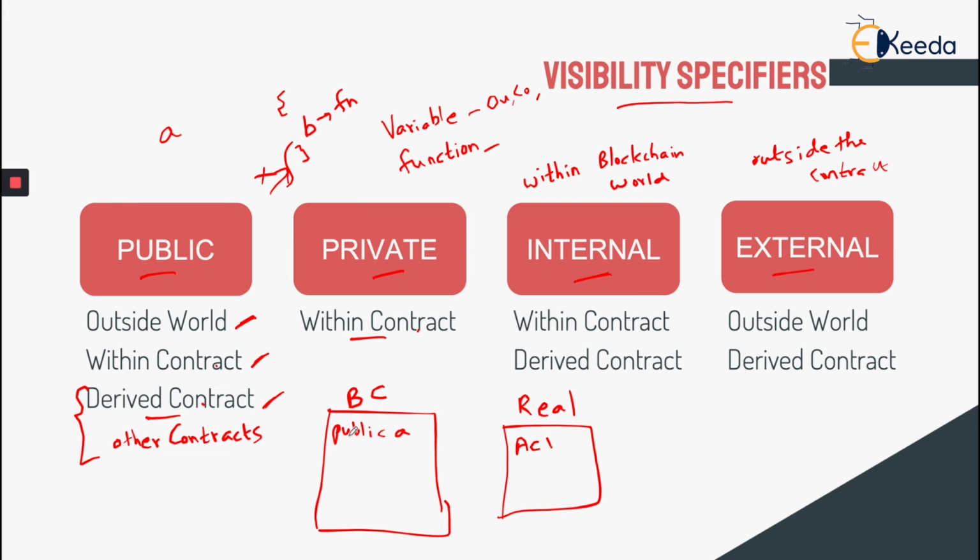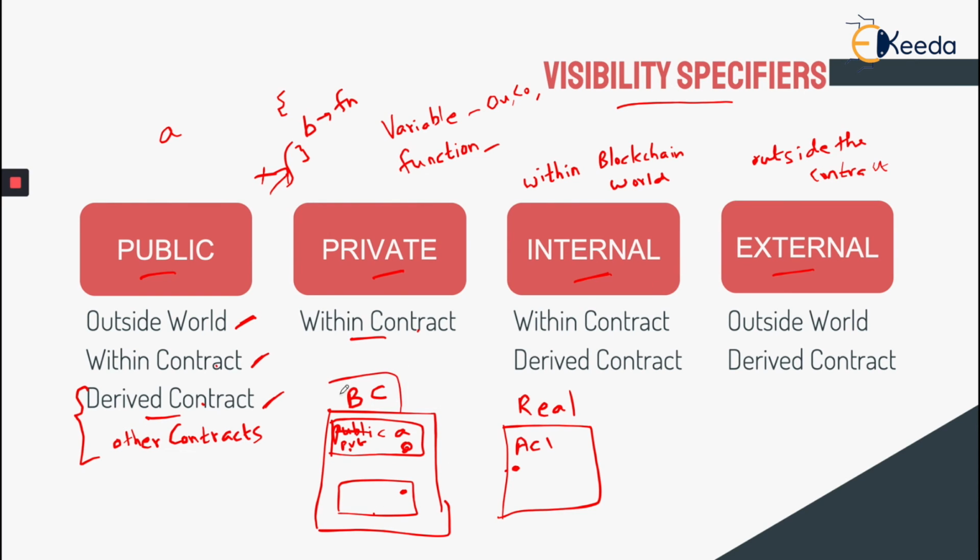A is a public variable, and hence one smart contract is here, another smart contract is here. Both are within the blockchain world only, and there is the real world. So A can be accessed within the contract, from the real world and from the other contract also. If I create private A here instead of public, then that means only within the contract I'll be able to use the private variable. Other contracts and the real world cannot access it.